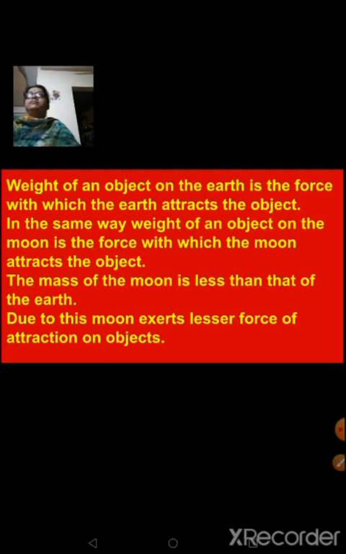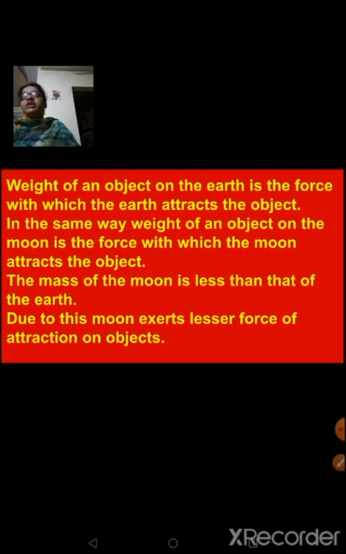Therefore, weight can be defined as the force with which an object, that is a particular place, attracts the object on it. Suppose when I talk about weight of an object on the earth, it is a force with which the earth attracts the object.